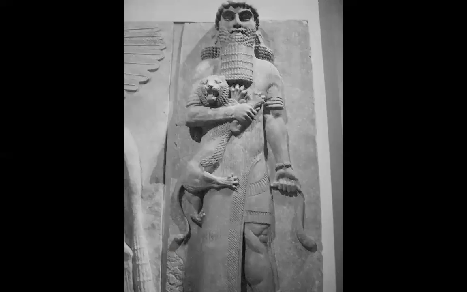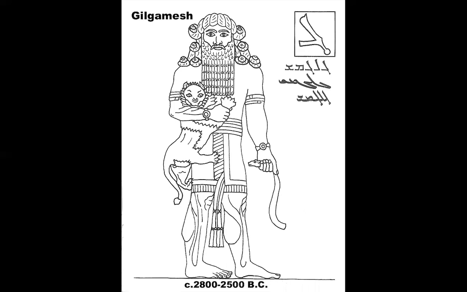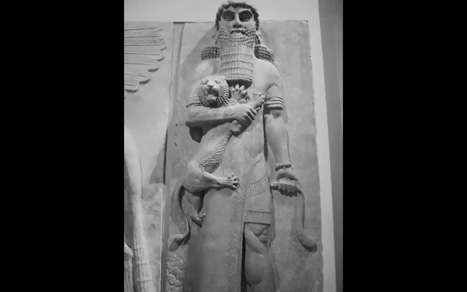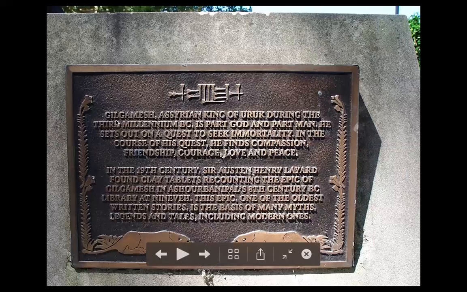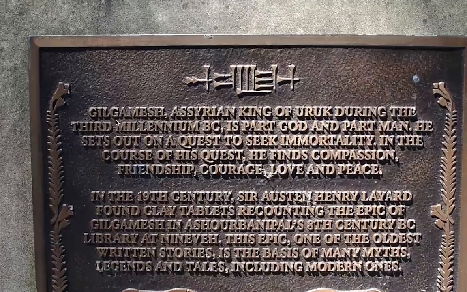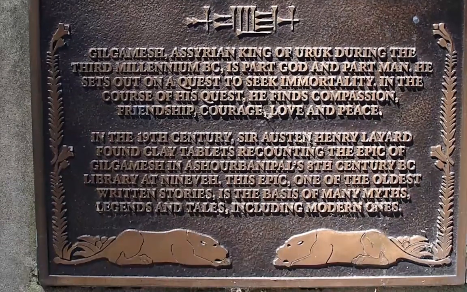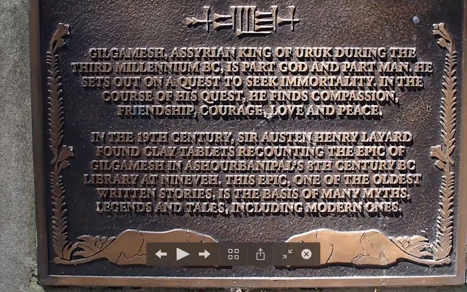So as you can see here, this is just a diagram of the statue, but this is an actual carving of one of many statues. So this was commemorating the real historical king Gilgamesh. And then on one of many statues, there's this plaque here that describes the epic.